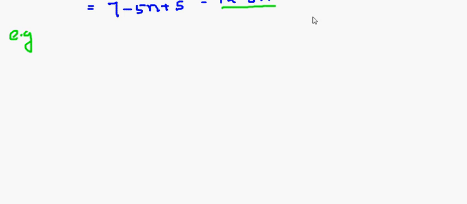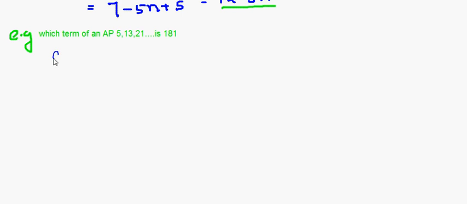It says which term of the AP 5, 13, 21, and so on is 181. That means we have to find the n for which the term is 181 in the given series.